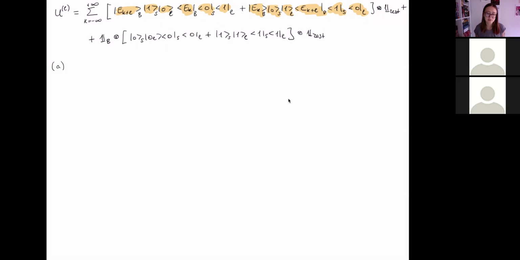Of course, this intuitively follows from the way we constructed the unitary, because we made sure that the energy from the heat bath is transferred to the energy of the battery to the same extent. So if we take L delta energy from the heat bath, then the energy of the battery is raised from E_k to E_{k+L}. So exactly L levels up. And the other way around.